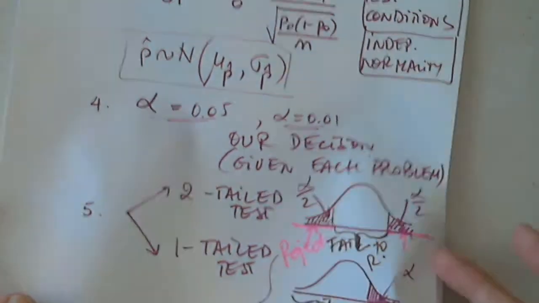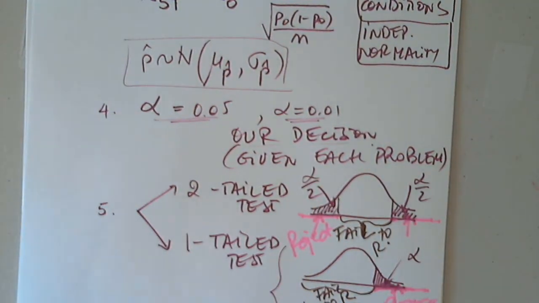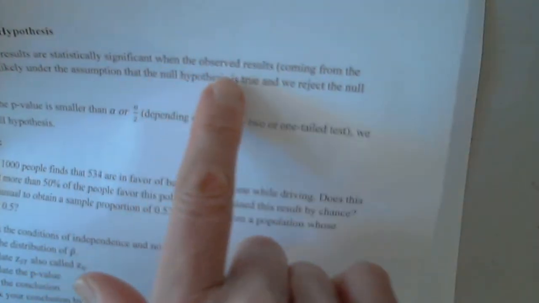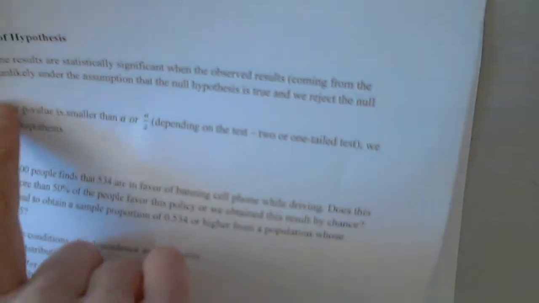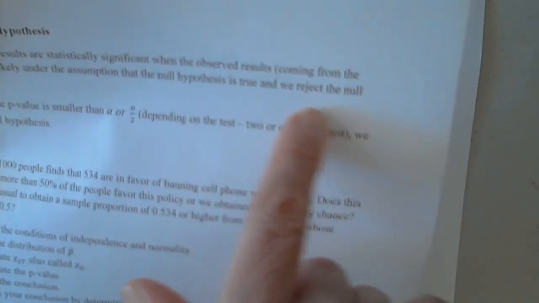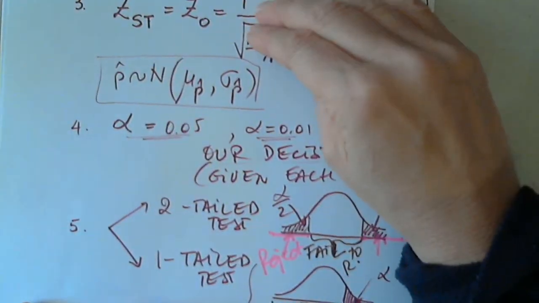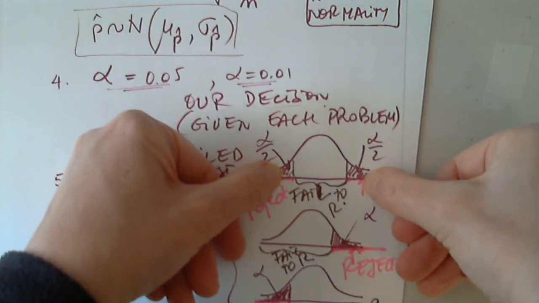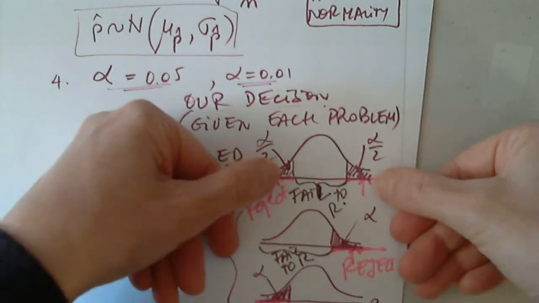Okay, so let's see how this works. Now, what I wrote here for you: we say that the results are statistically significant when the observed results coming from the sample are unlikely under the assumption that the null hypothesis is true, and we reject. What does that mean? If the answer falls here or here, it is unlikely. It wasn't expected.